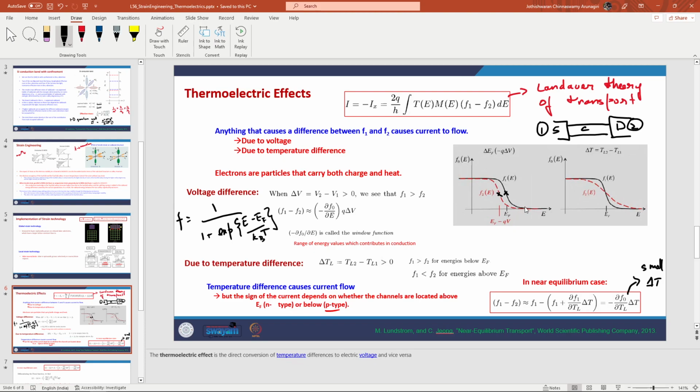So that is the first part. Additionally, one more thing should be noticed. Can I draw that somewhere over here itself?